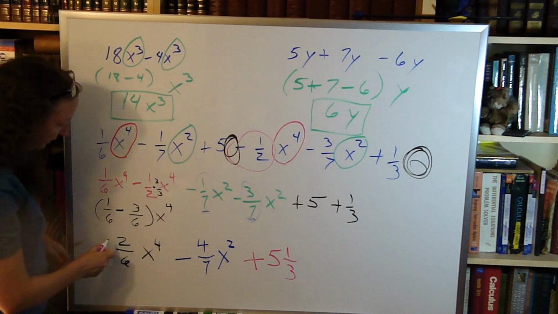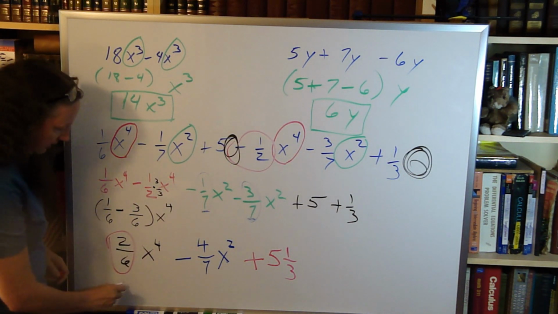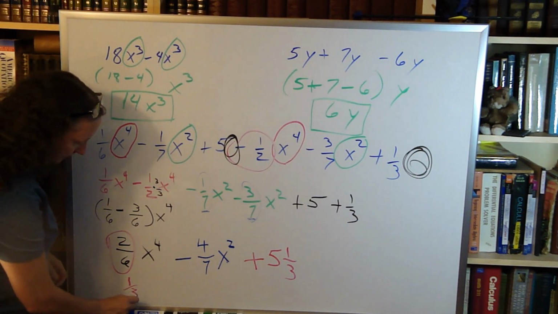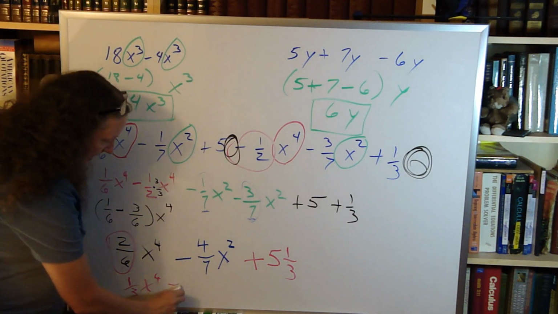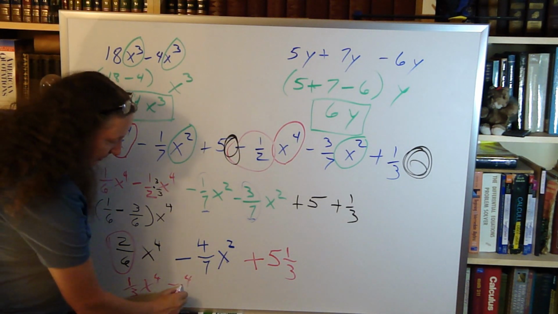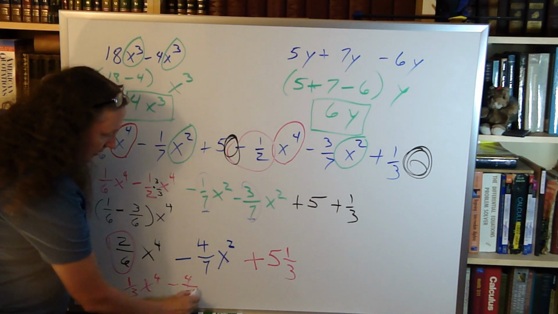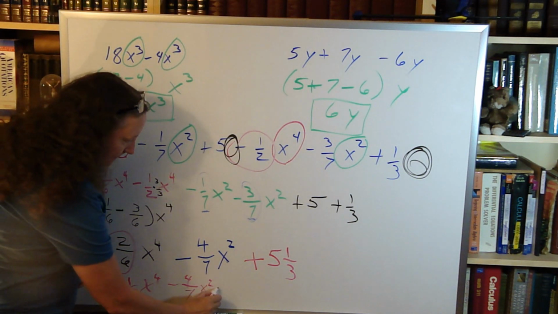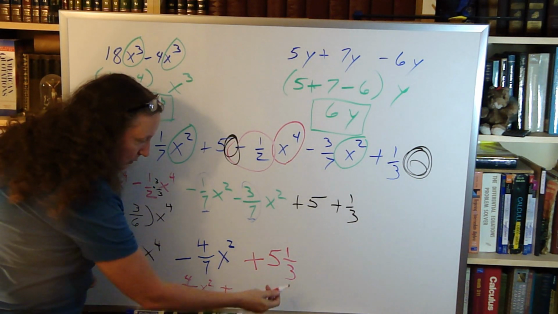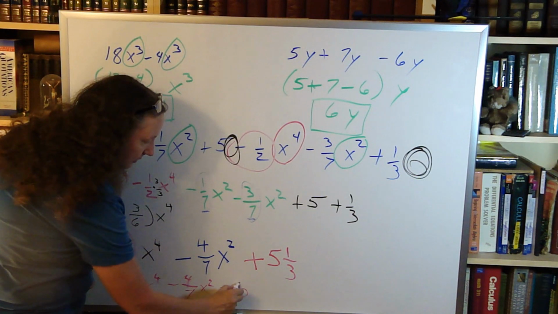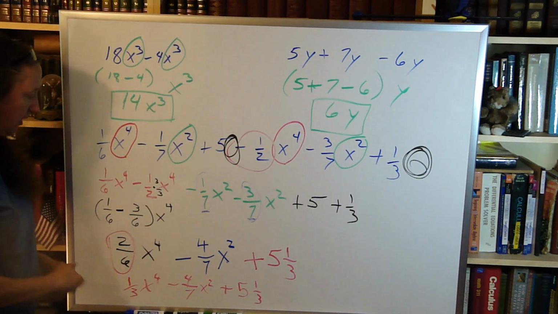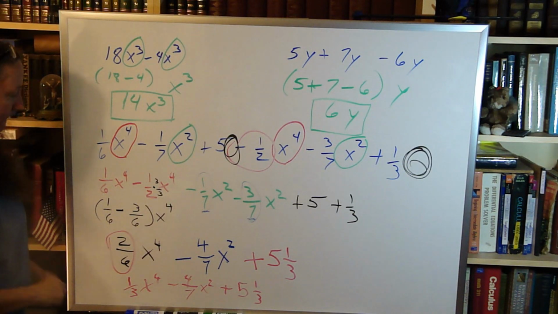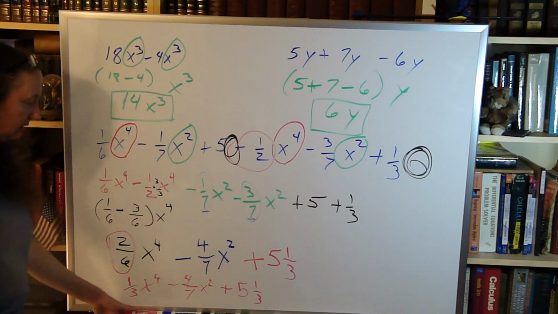Yes, I can reduce this right here. That becomes 1/3. So I have to write the whole thing over again. X to the 4th minus 4/7 cannot be reduced. X squared plus 5 and 1/3 cannot be reduced. So now I have my answer on that bottom line down there. And this problem is done.